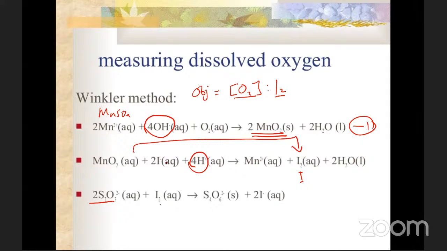So therefore iodide itu akan oxidize and then form iodine. And then the last one, when you have this iodine, this is very convenient, easy to use lah. Okay, easy to use to measure the concentration by titrate dengan thiosulfate.